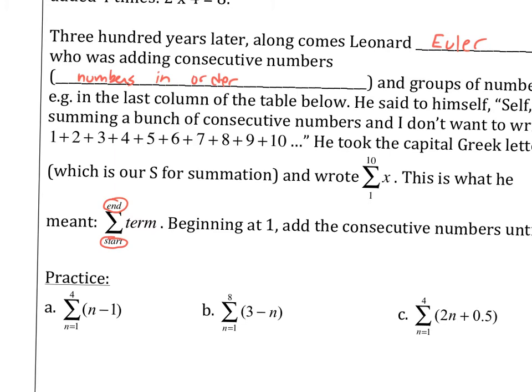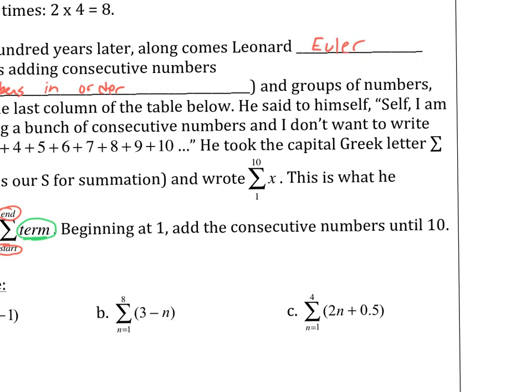And then of course, this is some sort of a function or expression that gives you the instructions. So this is how we interpret this one. Beginning at 1, keep adding until we get to 10. And x represents each number. x is a 1, then x is a 2, then x is a 3. So we just substitute in the subsequent numbers.